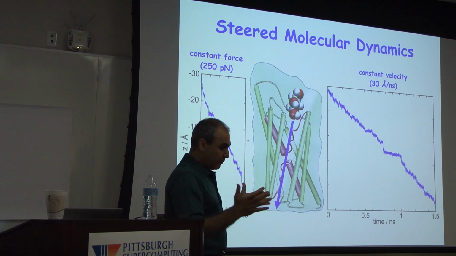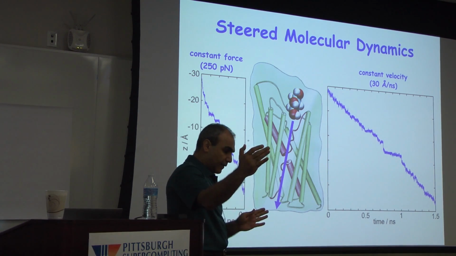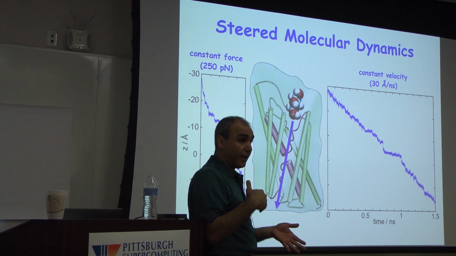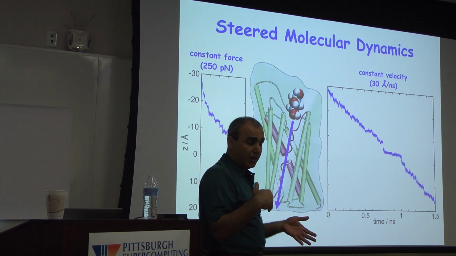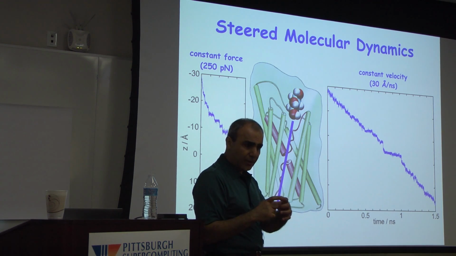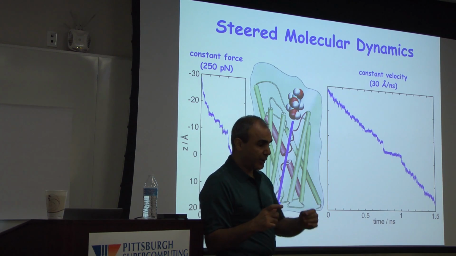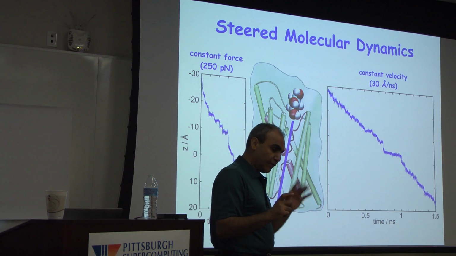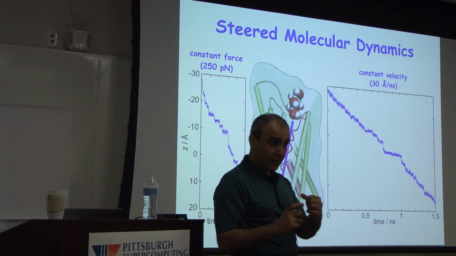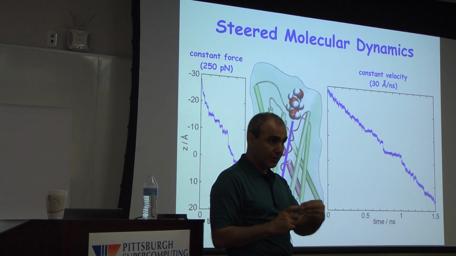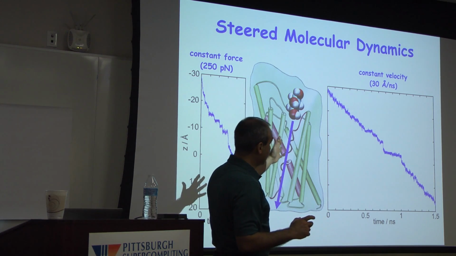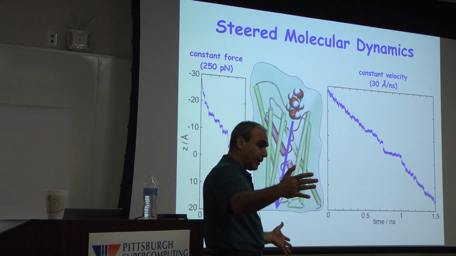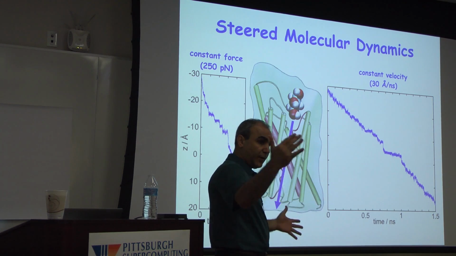Plus, you can actually adjust. OK, I have 100 nanosecond, and from here to there is 30 angstroms. So if I have a pretty stiff spring, making sure that I keep close to the other end of the spring, you can assume that I will be following closely the pulled end of the spring. Then you can calculate, OK, 30 angstrom over 100 nanosecond. This is how much displacement I want to have.